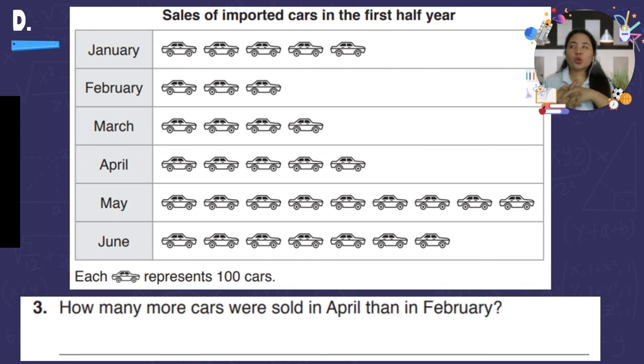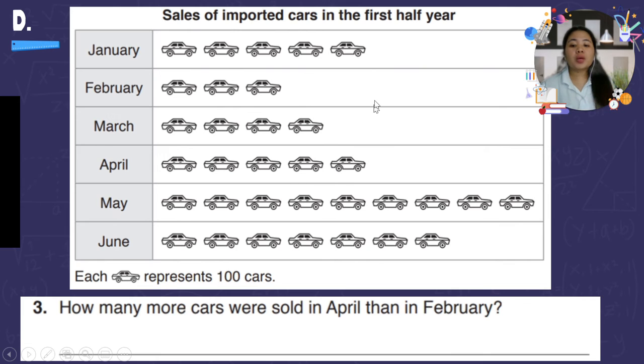Before we answer this one, you need to look at the question. If the question is how many more, how much more, you have to subtract. So let's go to April. April has 5 and February has 3. So 5 minus 3, because I told you to subtract, right?